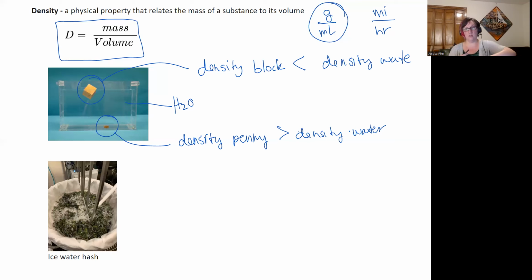So one way that this is used is in ice water hash making. If you take plant material that's coated in trichomes all around it, those are going to be oils, and those are going to be heavier than the plant material itself in the water. And so what happens in the ice water is that the plant material is less dense, and so it's going to float on the top, and the oils and the hash part is going to fall to the bottom because it's more dense.